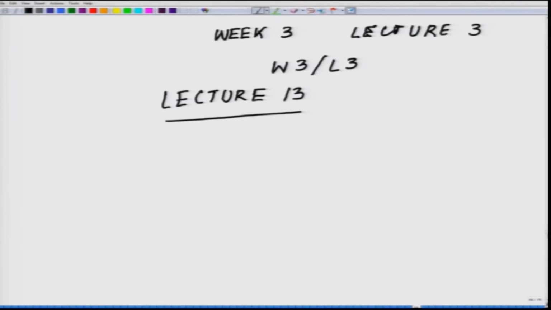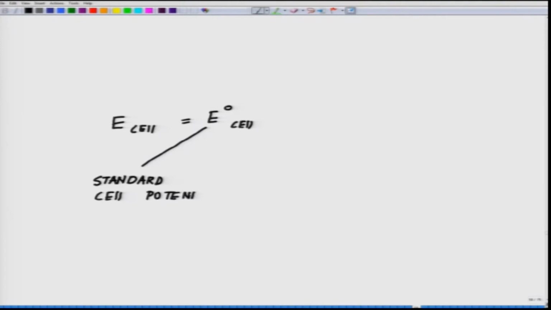When we write the Nernst equation, it is E of the electrochemical cell is equal to E 0 of the cell, which is our standard cell potential, with all the values as unity for all components.